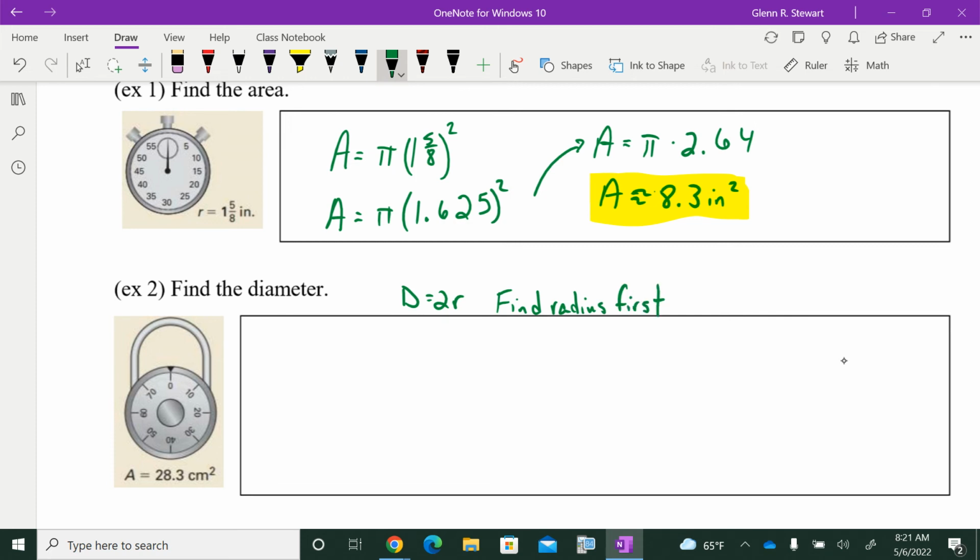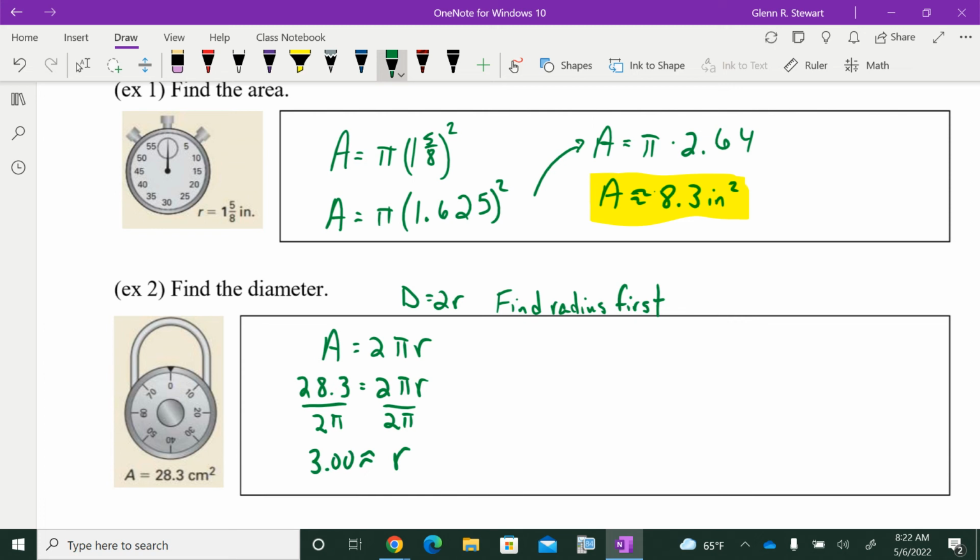So let's take a look at this here. We've got area is equal to 2 pi r. I'm just going to write the formula. So I've got 28.3 is equal to 2 pi r. I'm going to divide each side by 2 pi, that way I can get the r by itself. And r is going to be approximately 3.00.